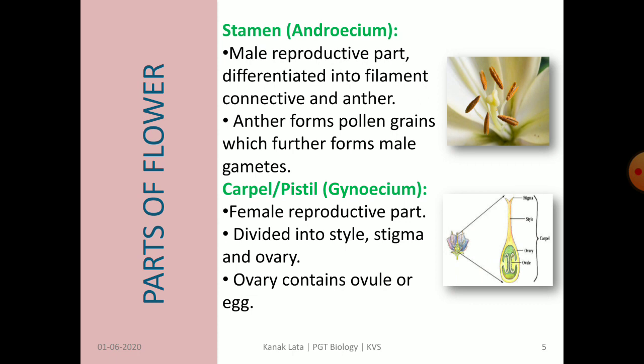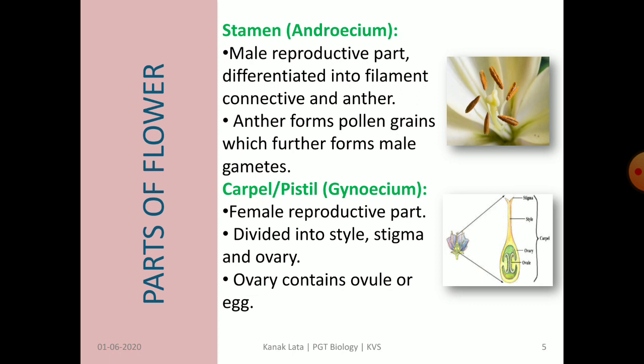Now it is about stamen, which is the male reproductive part. Stamen is differentiated into filament, connective and anther. Anther forms pollen grains, which further forms male gametes. Next is about carpel or pistil, which is the female reproductive part, and it is divided into style, stigma and ovary.